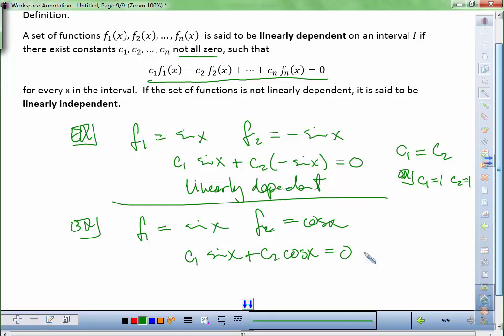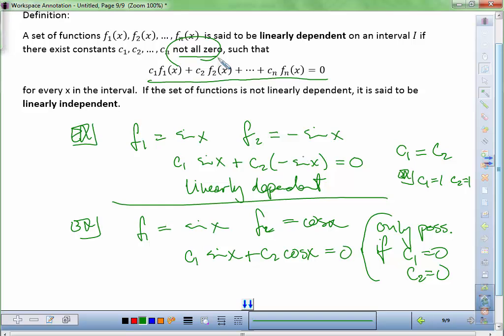So the only possibility to make this 0 is if c1 equals 0 and c2 equals 0. So that doesn't happen, so it's not linearly dependent. So it must be linearly independent.